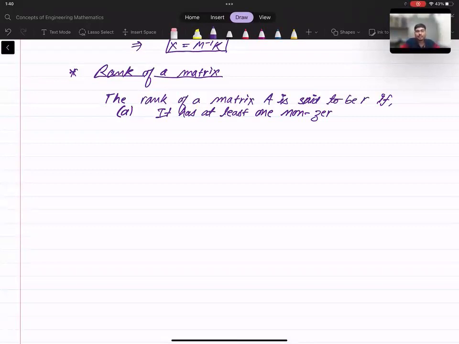Say the matrix is of the order of 5 into 4, means there are 5 rows and 4 columns. Then there will be several minors, say of the order of 4 by 4, or 3 by 4, 1 by 4, 1 by 1, 2 by 2, 3 by 2, and so on.